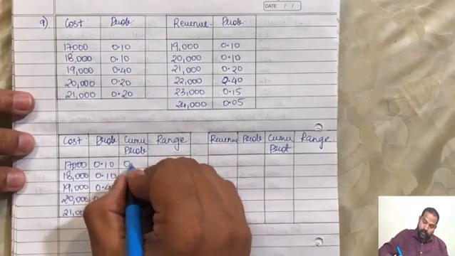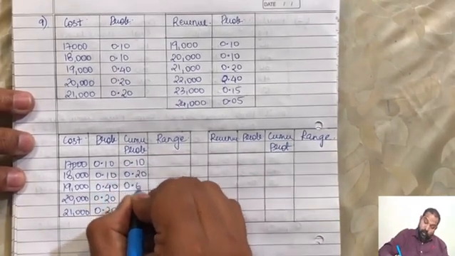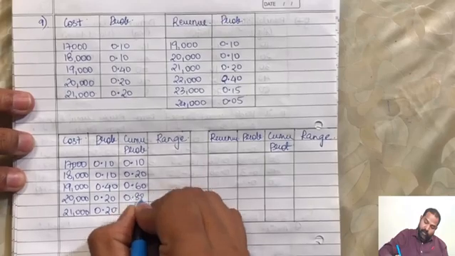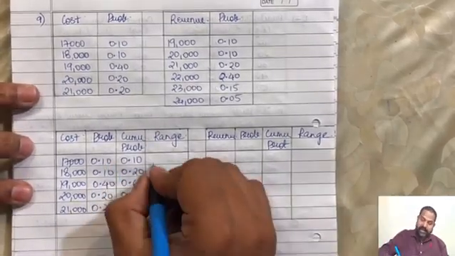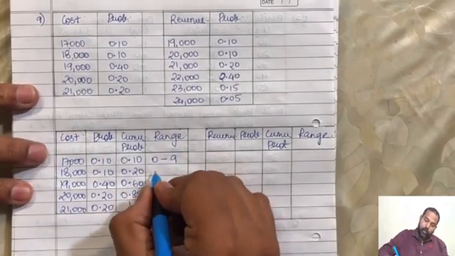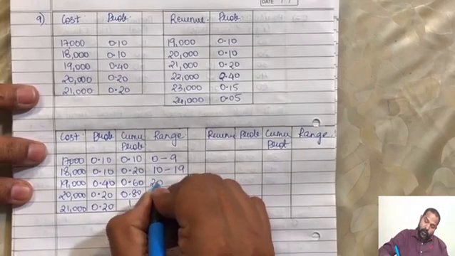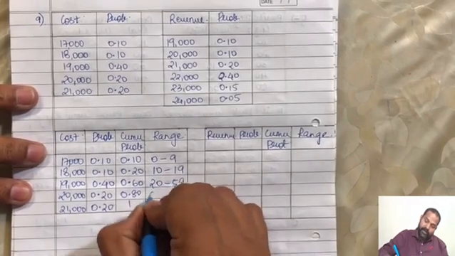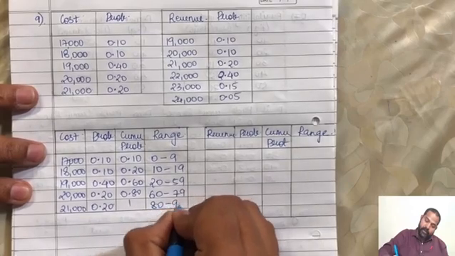Cumulate them: 0.10, 0.20, 0.60, 0.80 and 1. Range. This is basically 10, so 0 to 9, 10 to 19, 20 to 59, 60 to 79, 80 to 99.